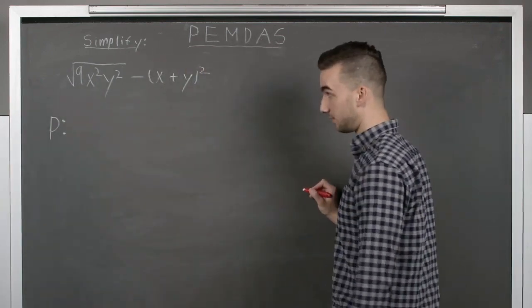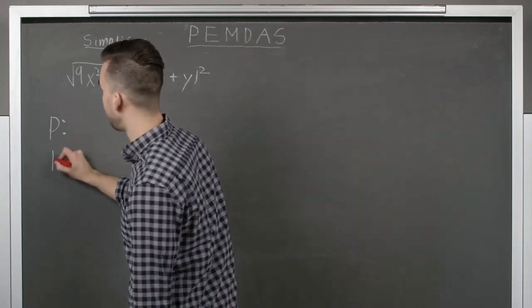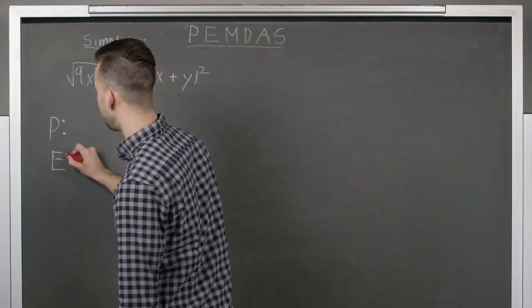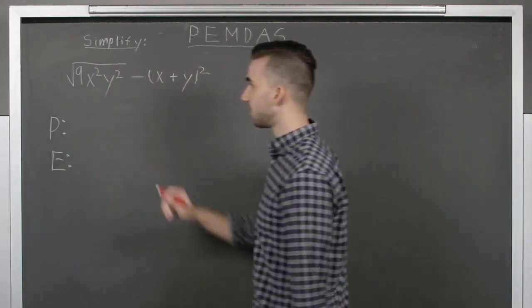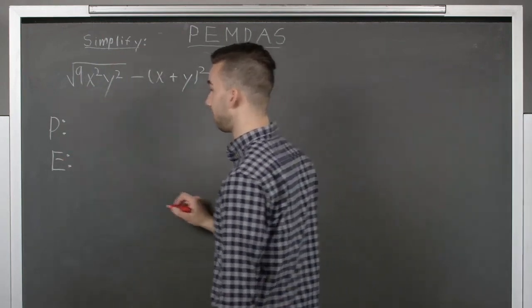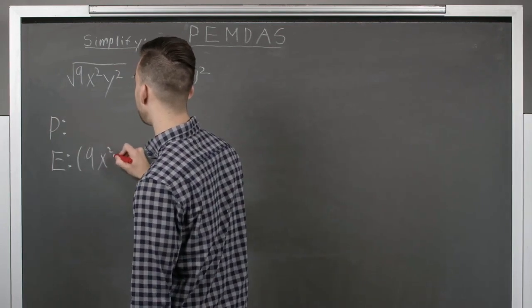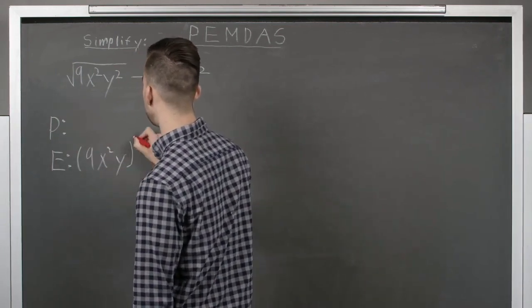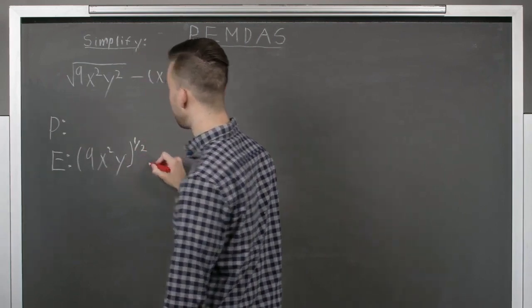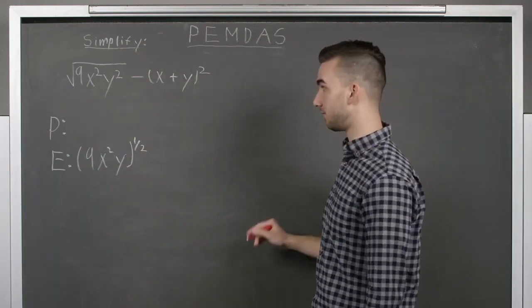And then let's do the exponents step, our E step. Something interesting here. The square root is an exponent because we can also rewrite it as this. Right, because the square root is the power of 1/2.